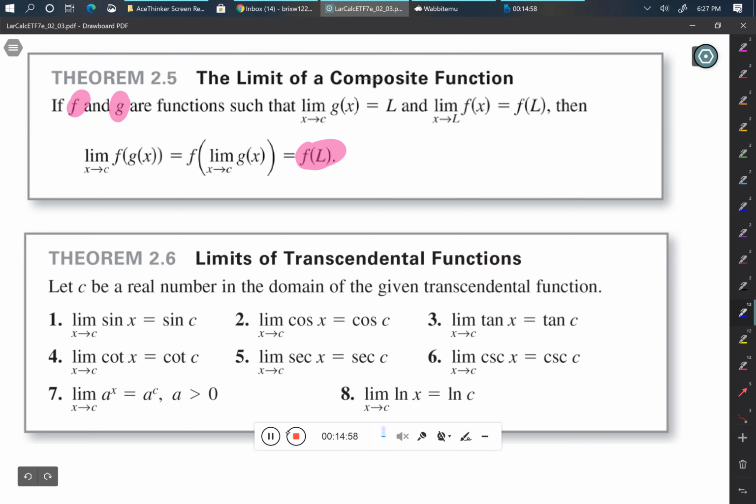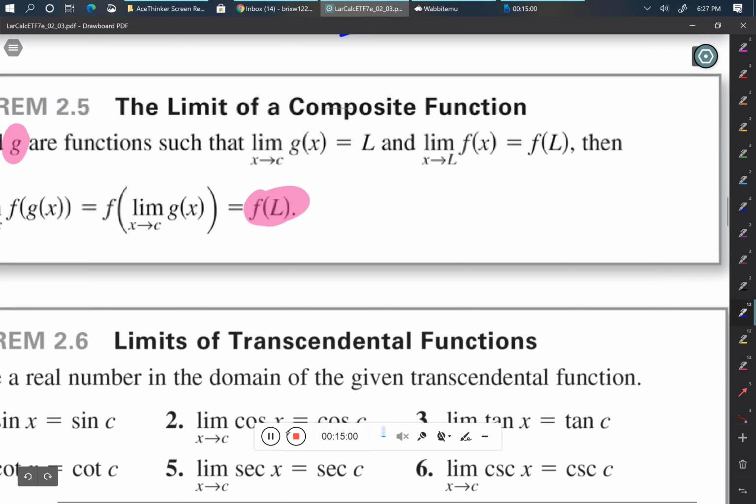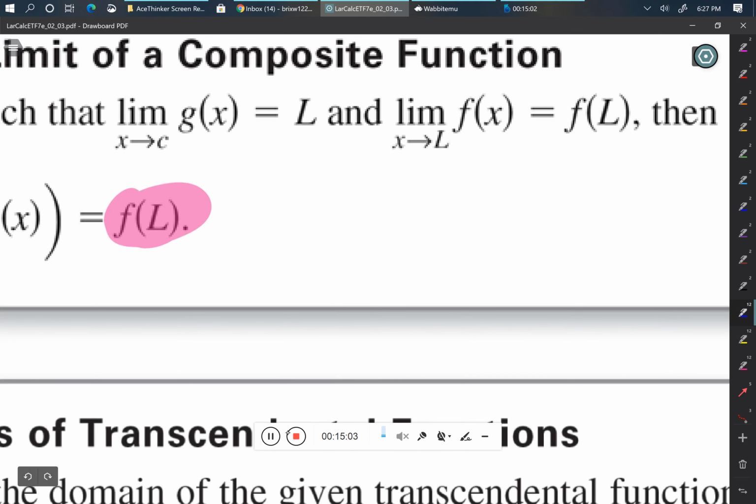Did you notice that they're not the same location for the limit? Did you notice that g of x is a limit that is at c, whereas f is a limit that is at L?